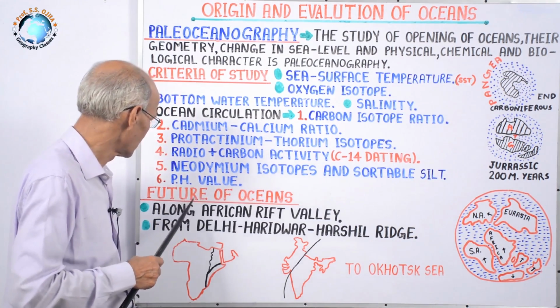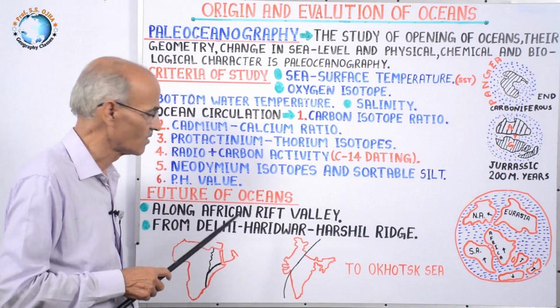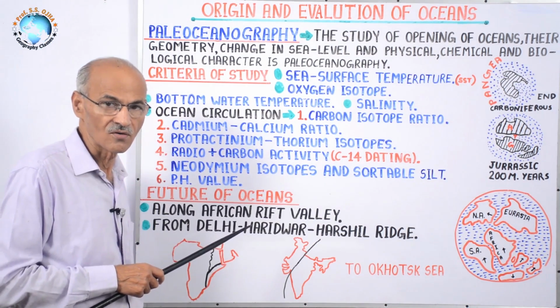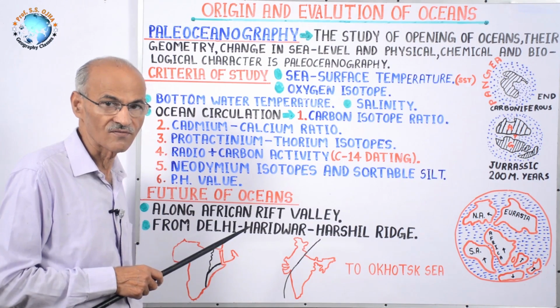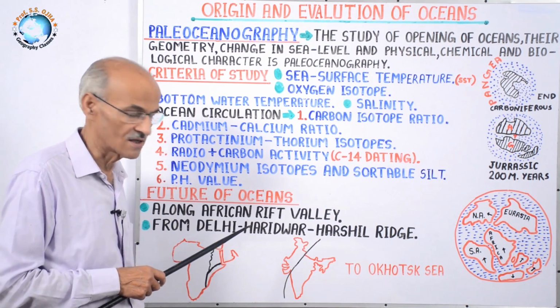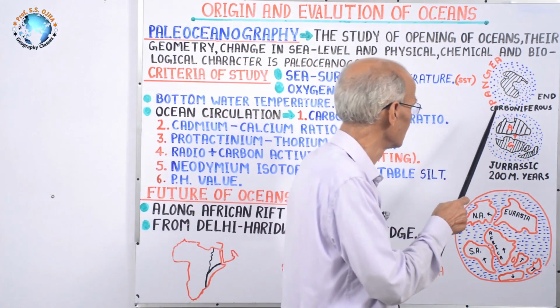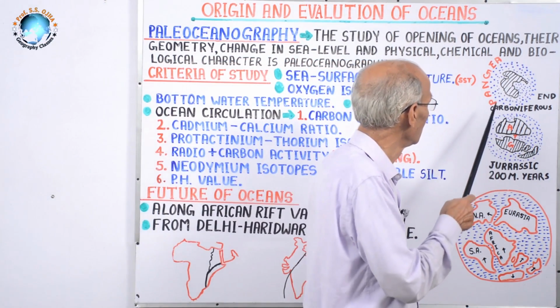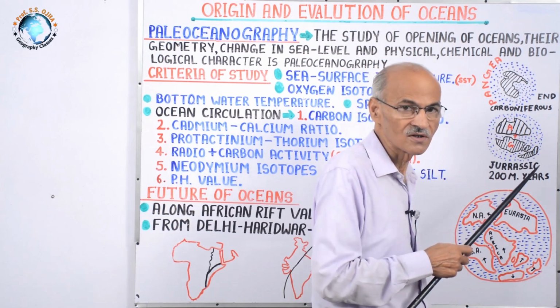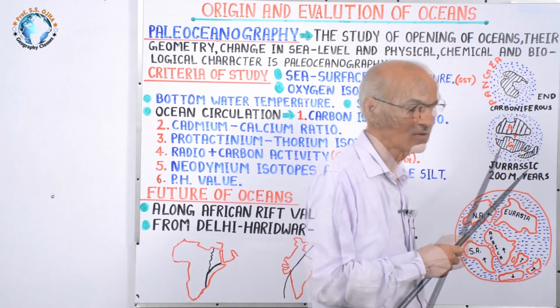Now, the next point is future of our oceans. After going through the Paleoceanography, means past condition of ocean, which is expressed in this 3-stage model, then we will study the future condition of oceans.